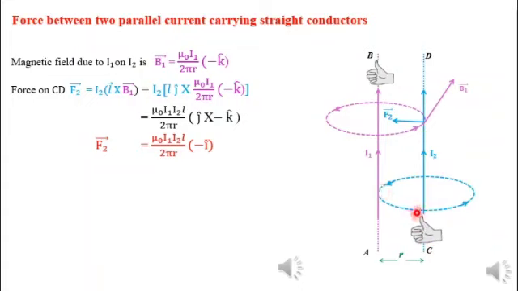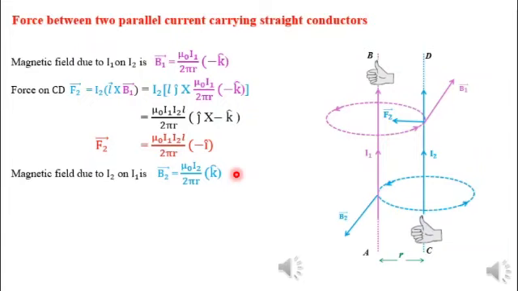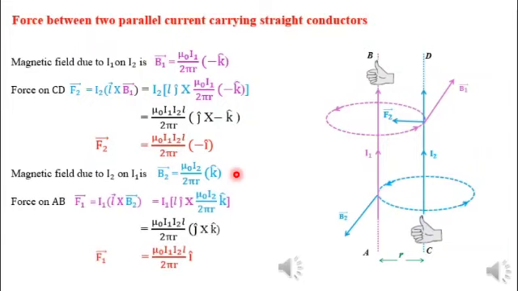So the magnetic field produced due to I2 on I1 is out of the plane, and it is B2 equals mu 0 I2 divided by 2 pi r k cap. So force on AB is F1 equals I1 into L cross B2.